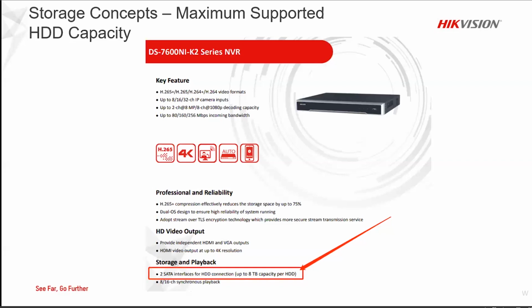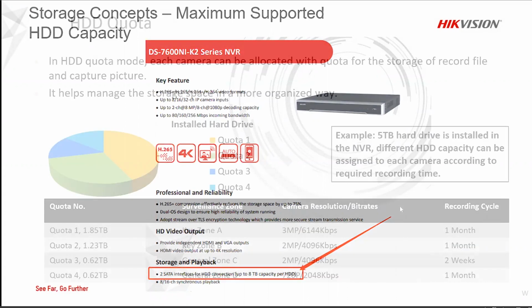Here we are showing you a data sheet of a 76 series NVR. In this data sheet, under the storage and playback section, you can see how many hard disks can be included into this NVR and what the maximum capacity of the hard disk that can be integrated is.